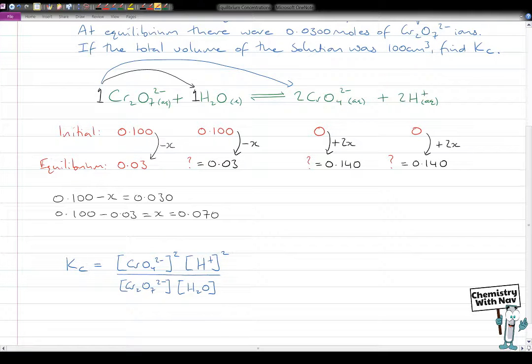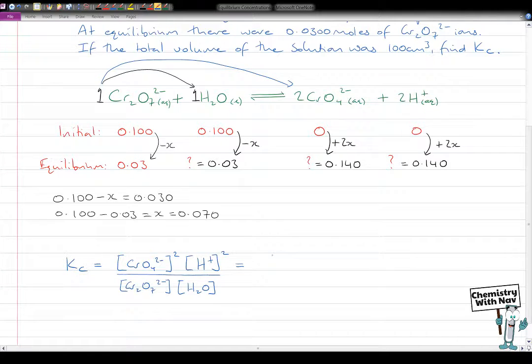Now the squares in the top line are because the stoichiometric numbers, the big numbers in front, are 2 for each of those two products. But we have the moles, and we're told in the question that the total volume was 100 cm³. So that means we can substitute in.